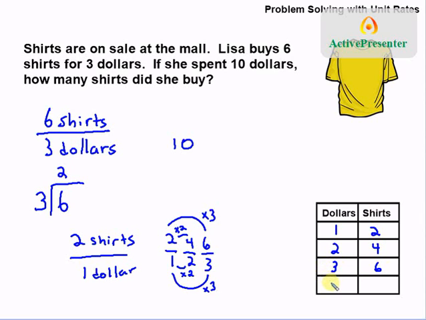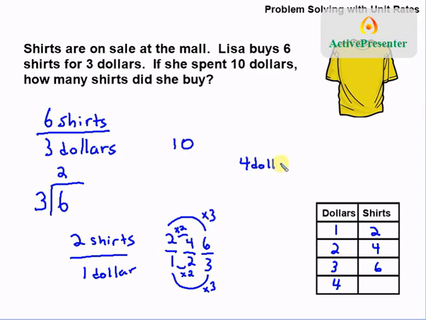Now, the next one we're going to do is $4. How many shirts can we buy with $4? Let's use our unit rate. We had $1, which gave us 2 shirts. So we want to multiply $1 times 4, and that will give us $4.